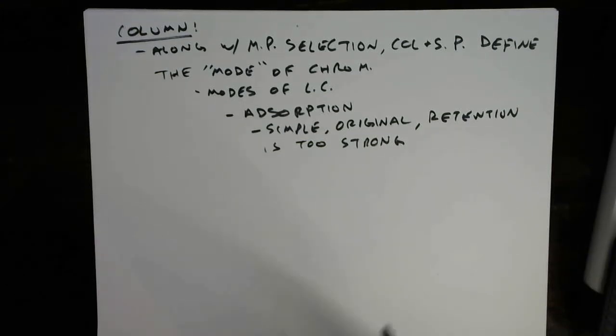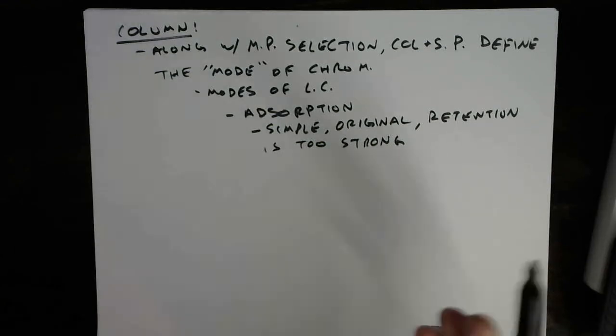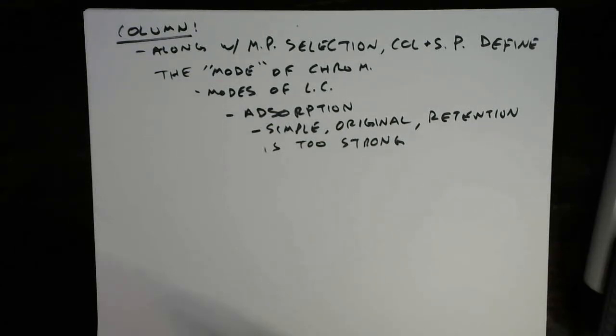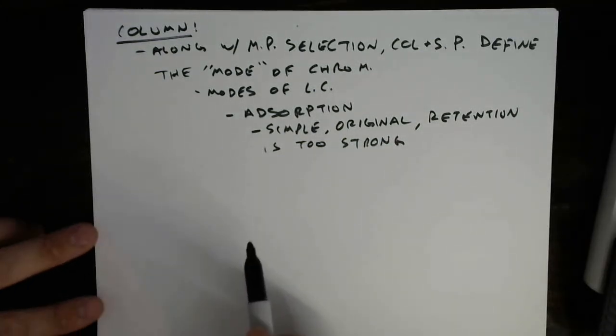We said when we talked about bonded phases that you have essentially up to 4 times as many functional groups retaining things in adsorption than you do in a bonded phase method, because the yield in a bonded phase method might be something like 25%, right? So retention is just too strong, and this is what makes adsorption not a great technique.